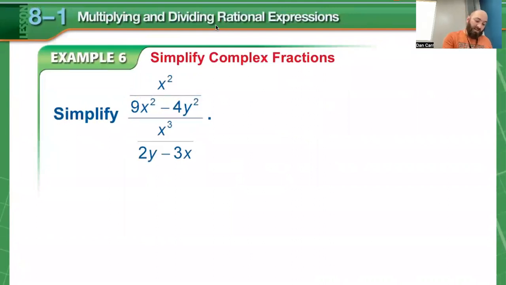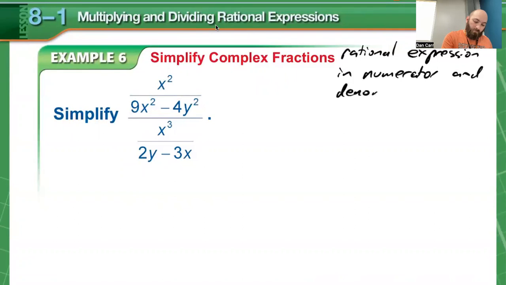A complex fraction is basically a rational expression in the numerator and the denominator, or a fraction over a fraction.